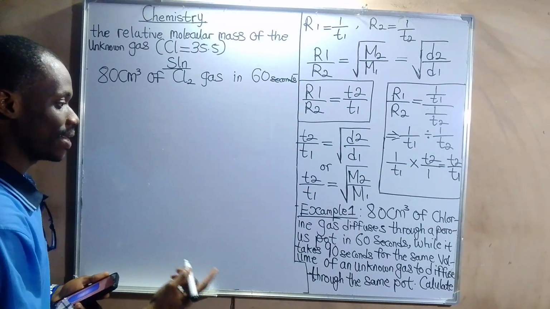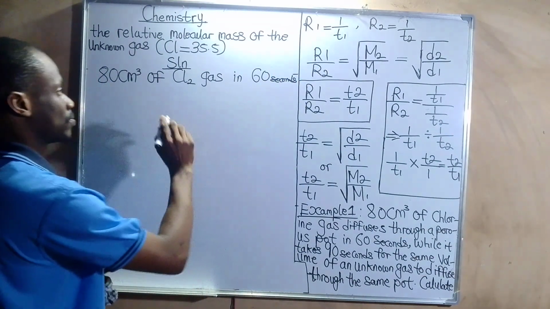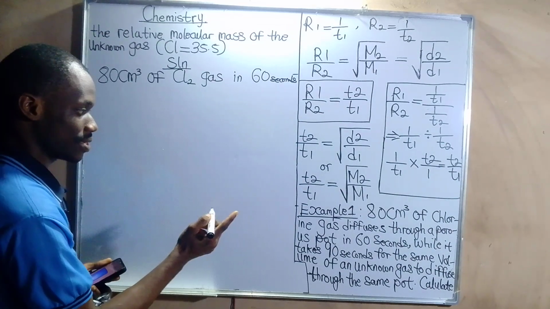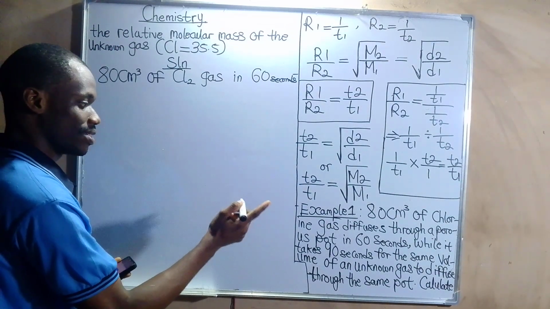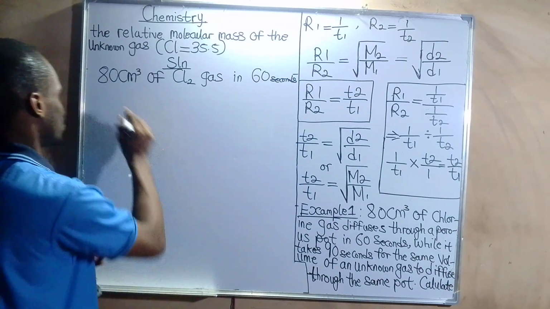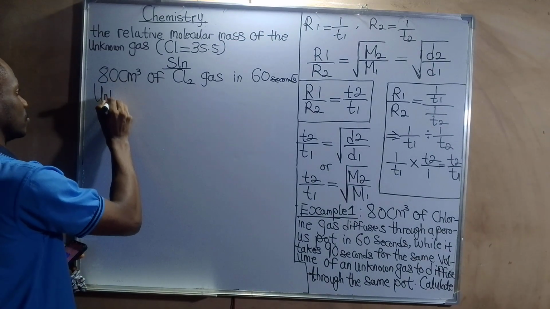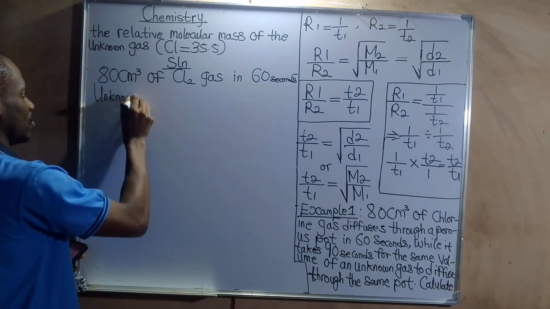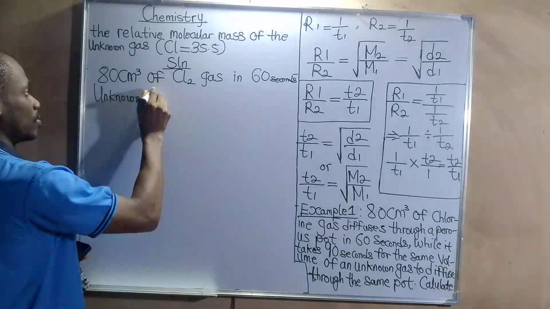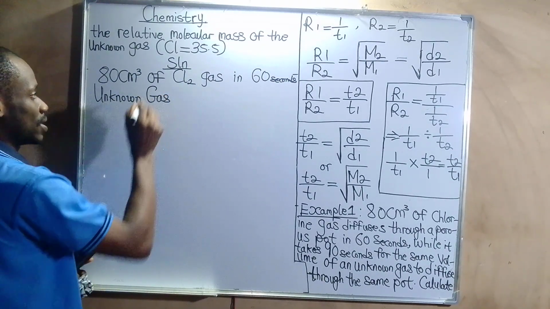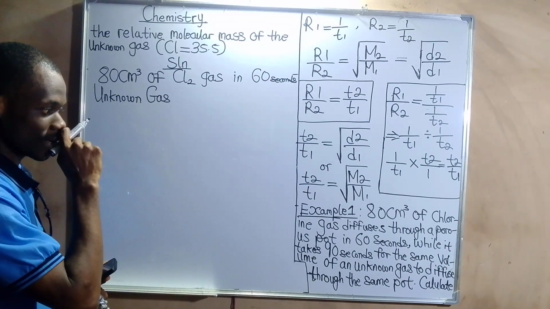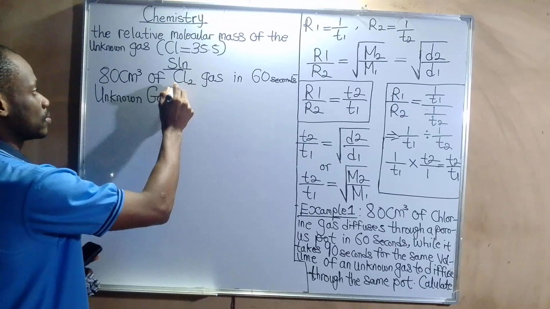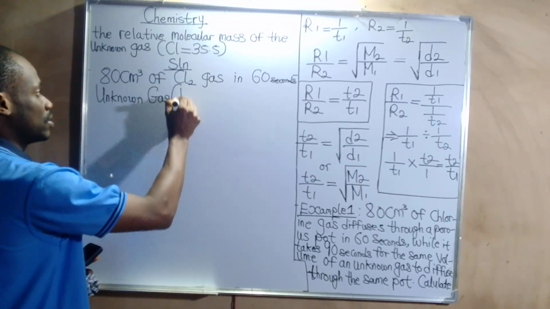Now, why it takes 90 seconds for the same volume of an unknown gas. We don't know this gas, unknown gas. Let's call this unknown gas maybe P gas.